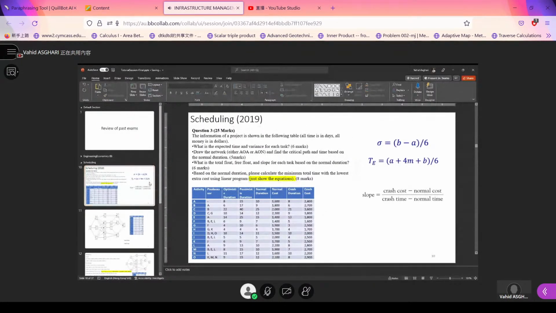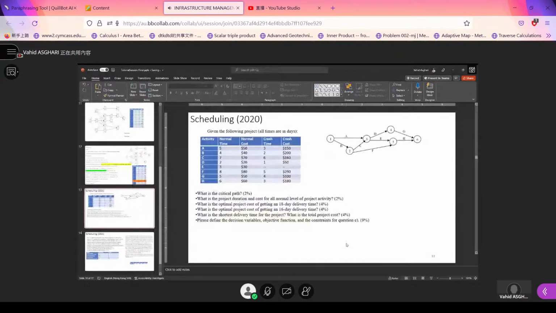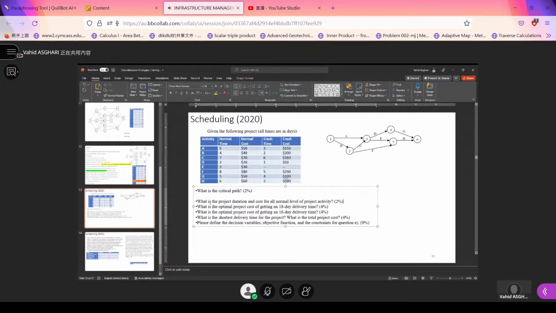Just show the equations. So in 2020, there was another scheduling problem, and again, what is the critical path? It is already talked about in the assignments. What is the project duration and cost for all normal level of project activity?